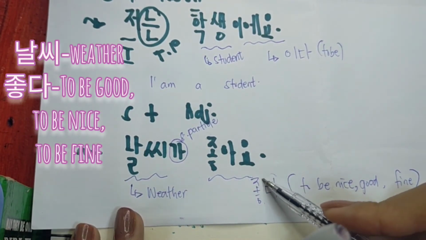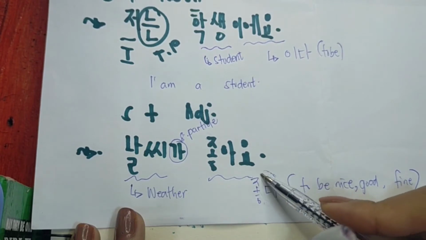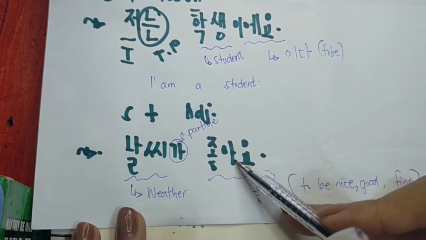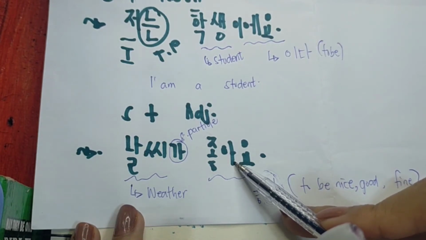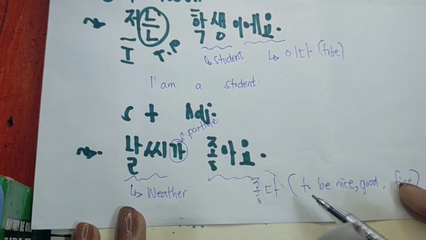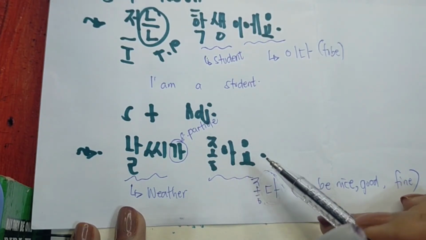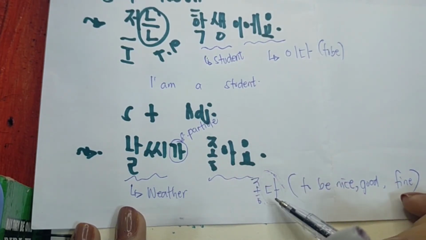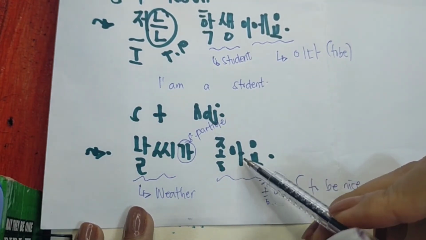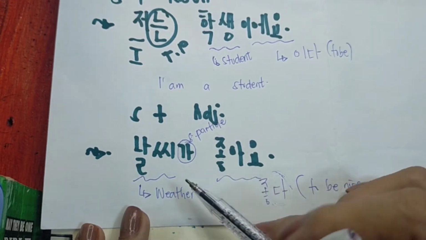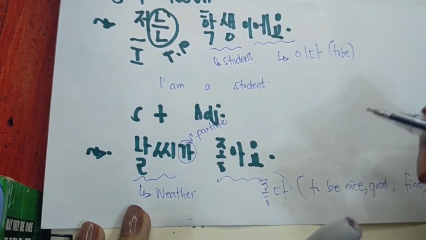So, pag kinonjugate mo yan sa present tense, tatanggalin mo tong ta, tapos idadagdag mong is yung ayo. Depende, ito dictionary form, so depende yung pag-conjugate kung present, future, and past tense. Sa ngayon, present tayo, ayo yung idadagdag natin. From the word chutta, chuwayo.